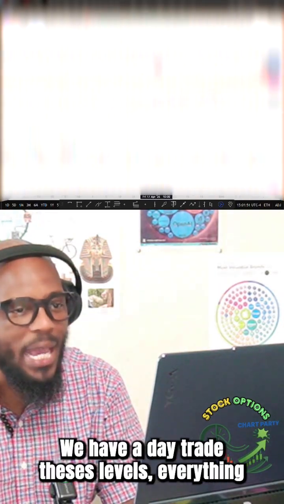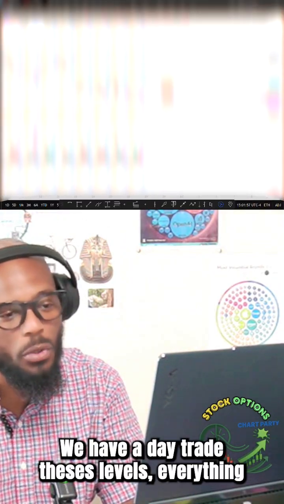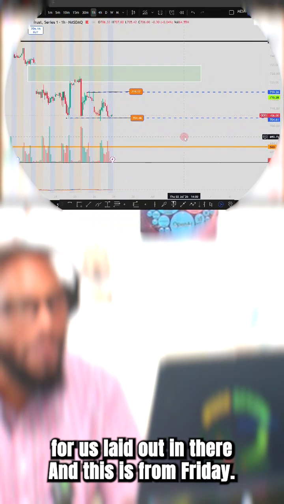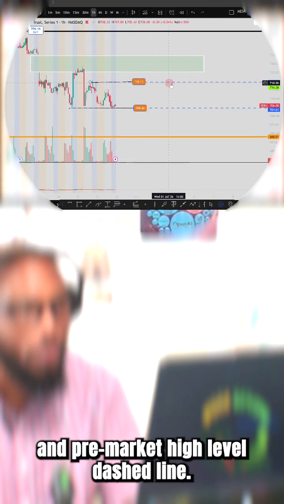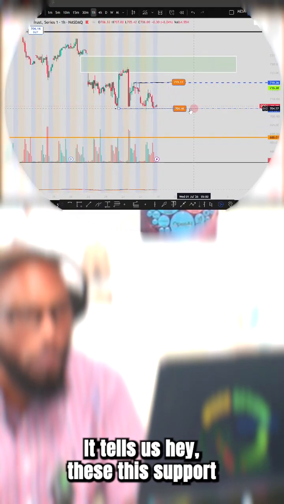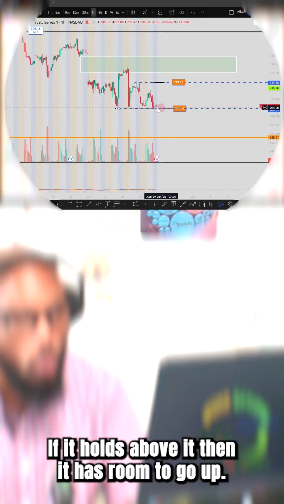Every morning we have a day trade thesis, levels, everything for us laid out in there. And this is from Friday, this pre-market low and pre-market high level dashed line. It tells us, hey, this support level, pre-market low, is an important level. If it holds above it, then it has room to go up.